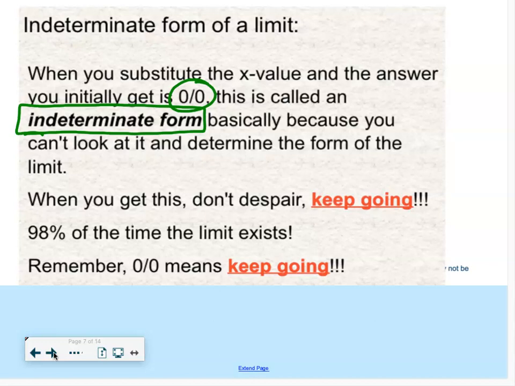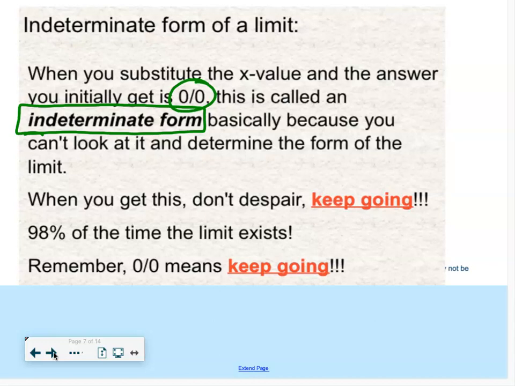Today and for all of chapter 2, just know that whenever you see 0 over 0, that's called an indeterminate form, and all it means is that the limit in that form can't be determined. You have to modify the form somehow so you can figure it out. Indeterminate means undetermined, right?